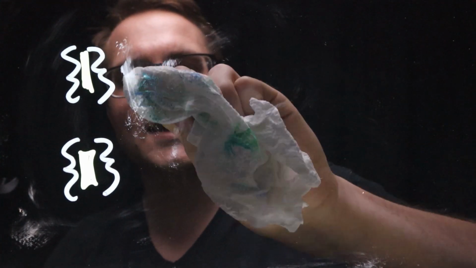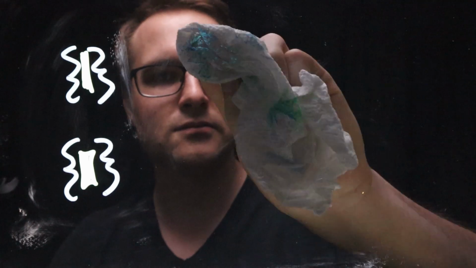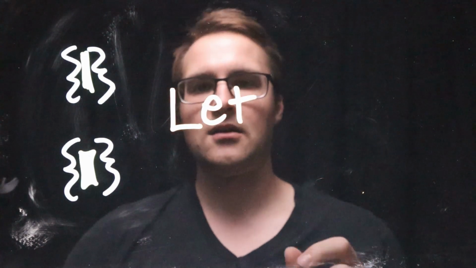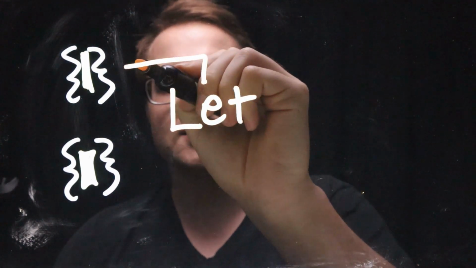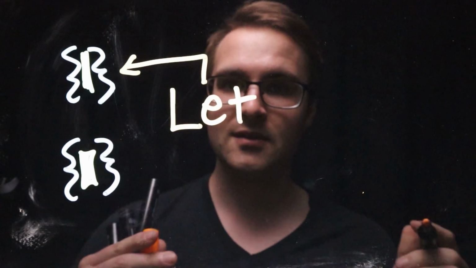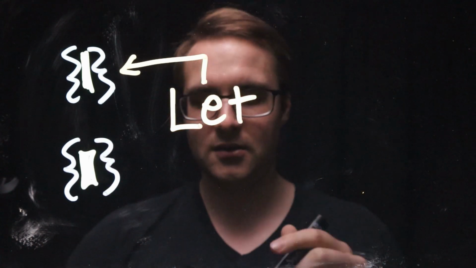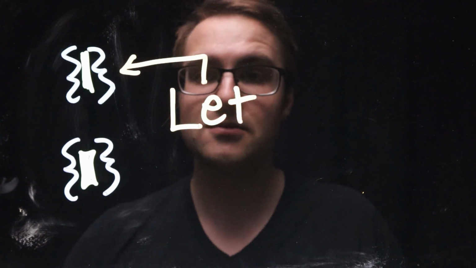But if this was let, then you can assign it to this object, right? That's fine. And then later on in your code, you can reassign this however you want.